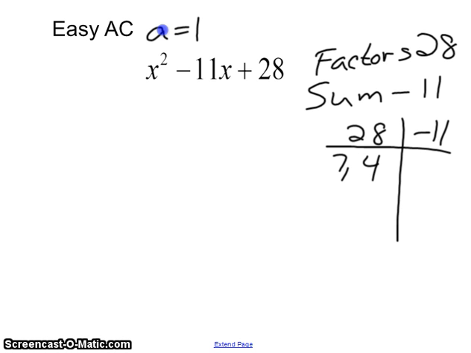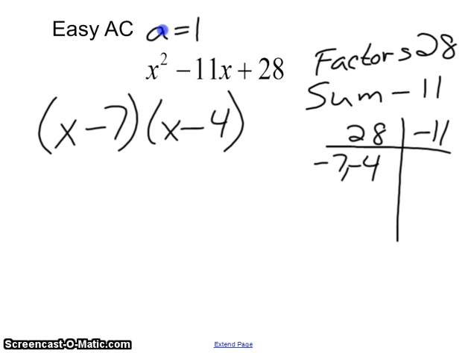Can they add to negative 11? If they were both negative, they add to negative 11. And if they're both negative, negative 7 times negative 4, they multiply to positive 28. Those are my magic numbers. So since this is an easy problem, I can just put that directly into the formula, x minus 7 times x minus 4. That's easy when the leading coefficient is 1.